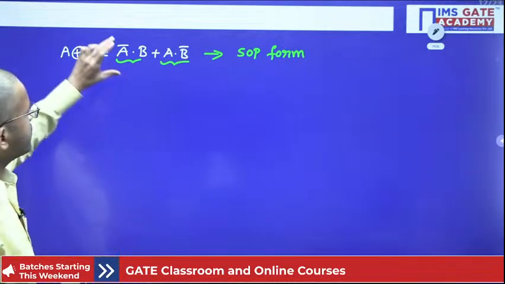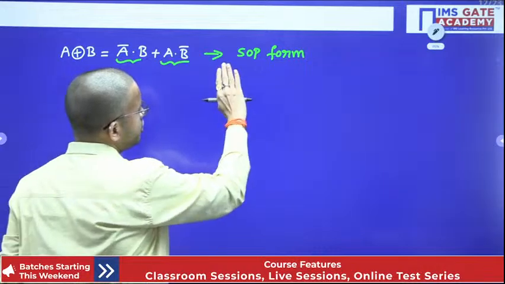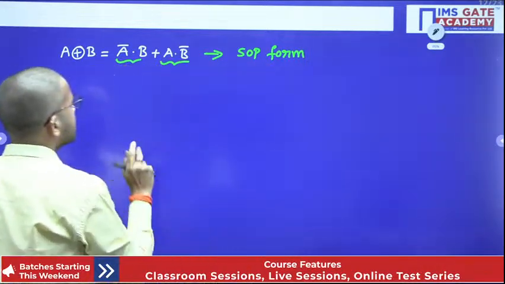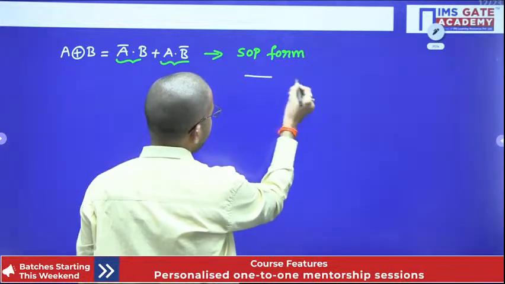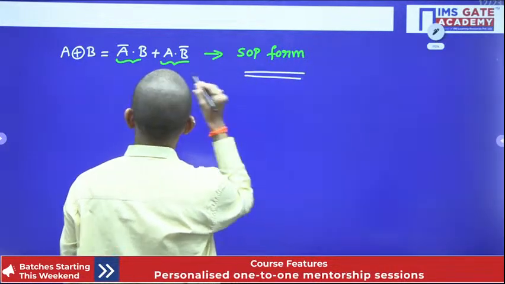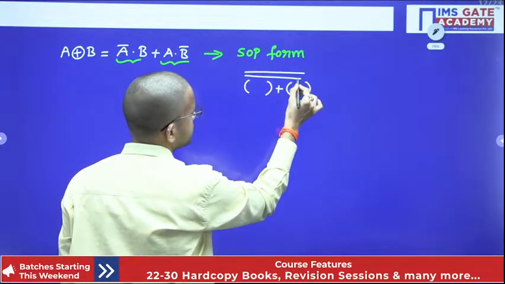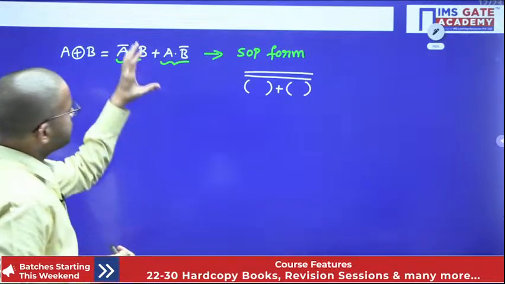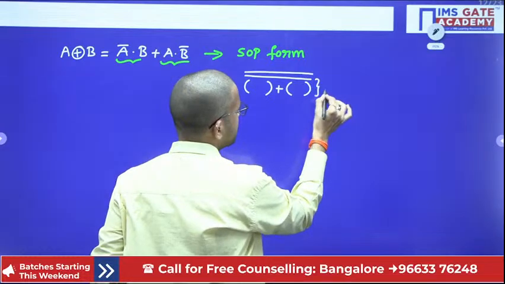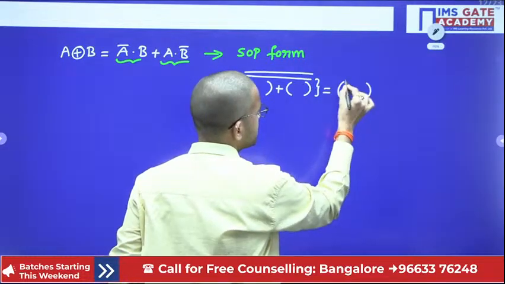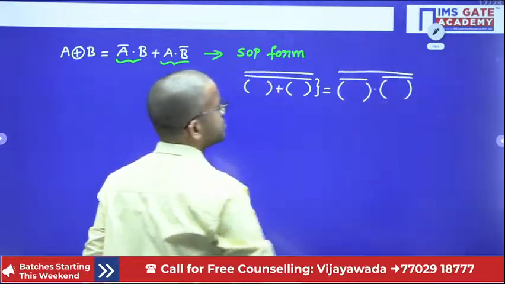You are having the original function in SOP form. Whenever you are having the original function in SOP form, you can apply 2 times complement to that particular expression, and for the inner complement you can use De Morgan's law, so that first term complement, second term complement, and keep the external complement as it is.